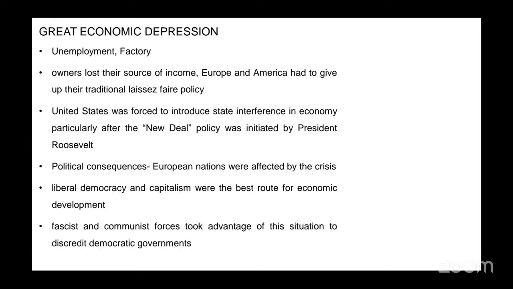The industries reduced production, unemployment prevailed, and the factory owners also lost their source of income, and Europe and America had to give up their traditional laissez-faire policy. But the USA rather introduced state interference in the economy with the concept of a New Deal under the presidency of Roosevelt.